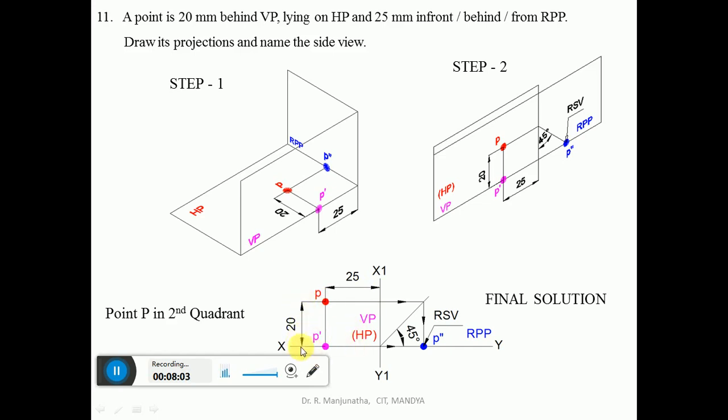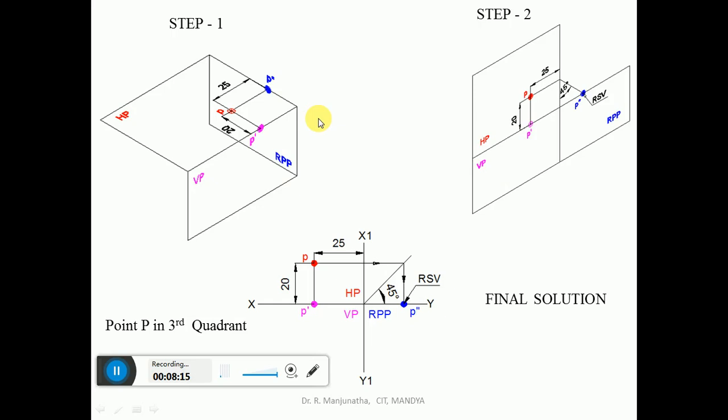So this will be the final solution for this particular problem when the point is lying on HP and behind VP. Now the same thing if you consider for the third quadrant, because it is behind VP and lying on HP. So it can be either the second quadrant or the third quadrant. Now we are going to solve the problem in the third quadrant.